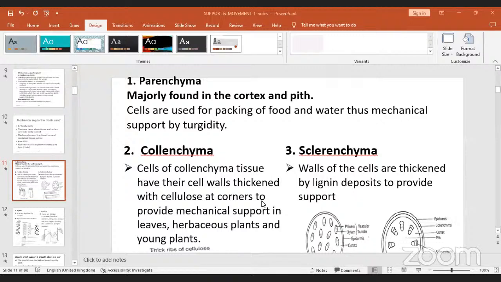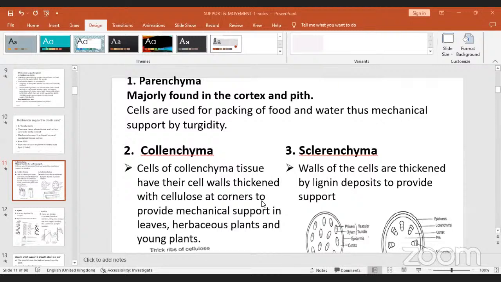But if you're asked what is the chemical component of the collenchyma cells, it is mainly made up of carbohydrates, which are the polysaccharides, which is cellulose. Cellulose is made from so many glucose molecules that are combined together to form a polysaccharide. So if we ask the building blocks of cellulose, it is glucose.